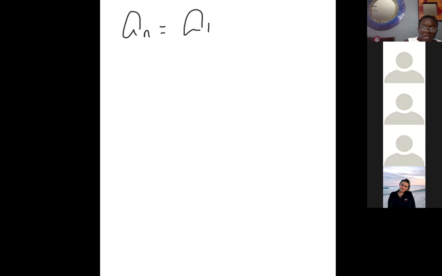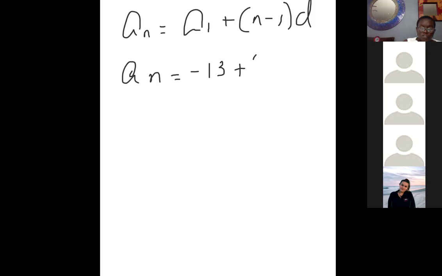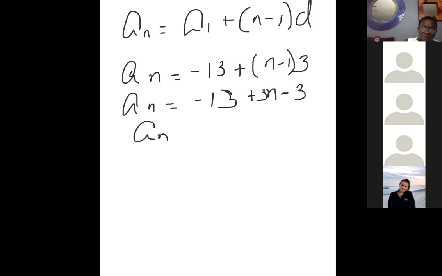So you cannot plug in a value for n, but you do have a value for d and a value for a1, so you plug those in. a1 is negative 13. We don't know what n is, but we know d is 3. We simplify this formula by distributing the 3. We get 3n minus 3. So the general term formula will be 3n minus 16.